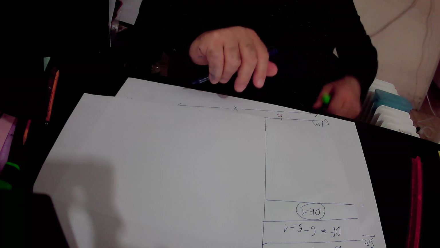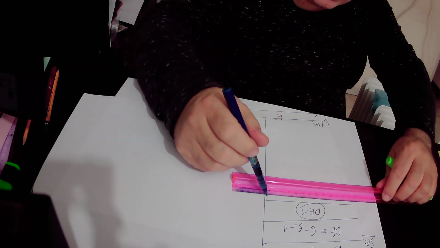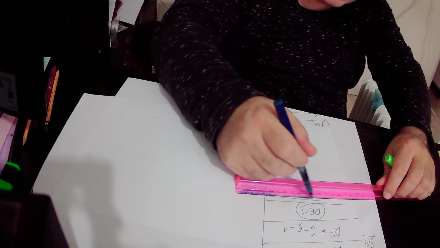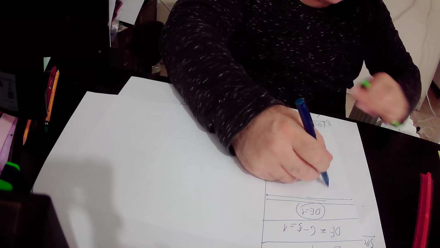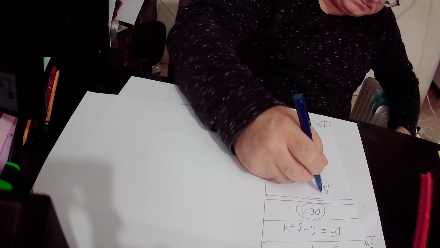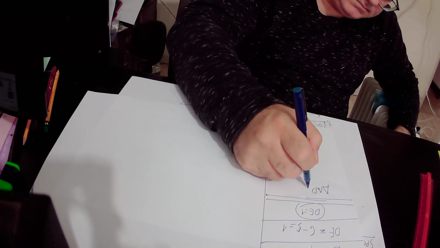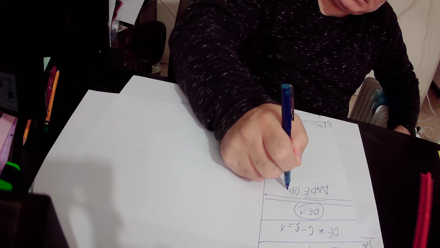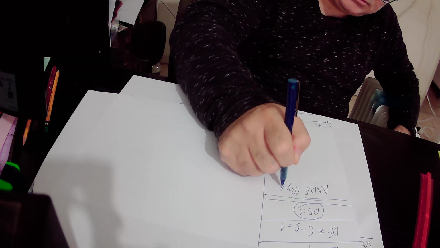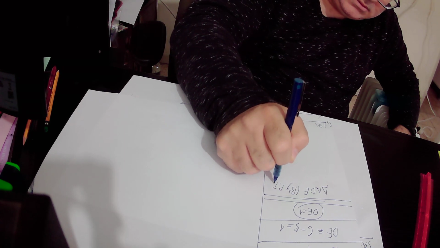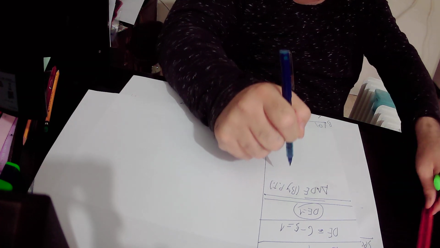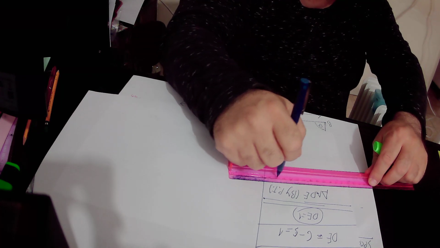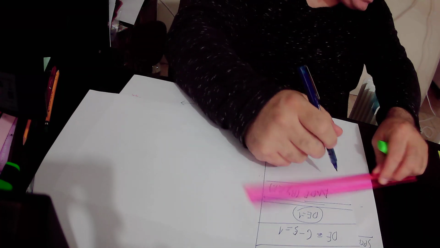So in the right triangle ADE, by PT, the abbreviation for Pythagoras theorem, the square of the hypotenuse equals the sum of the squares of the perpendiculars.